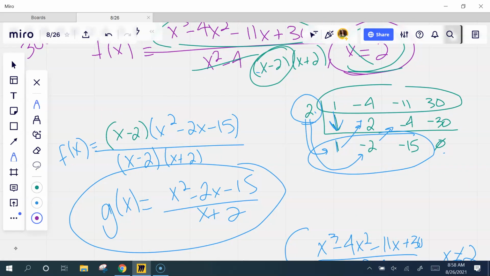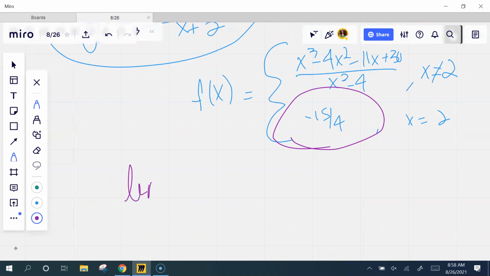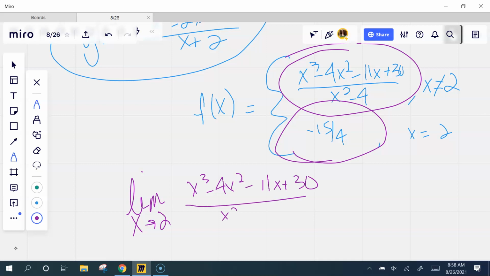You've already algebraically manipulated, canceled out the removable, and then plugged in to find the limit. So really, this is the limit as x approaches 2 of the function above it, x to the third minus 4x squared minus 11x plus 30 over x squared minus 4, which is going to equal negative 15 over 4. Oh, that's so cool.